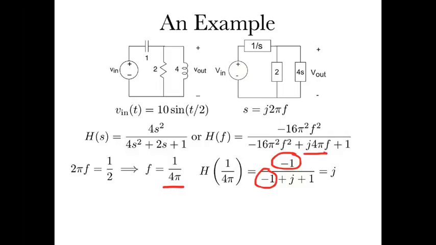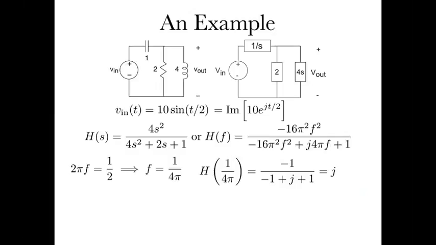So we get minus 1 over j, and the reciprocal of j is minus j, so we get j for an answer. So our transfer function at the frequency of the source, that's all we need to know, is j, a pure phase shift.